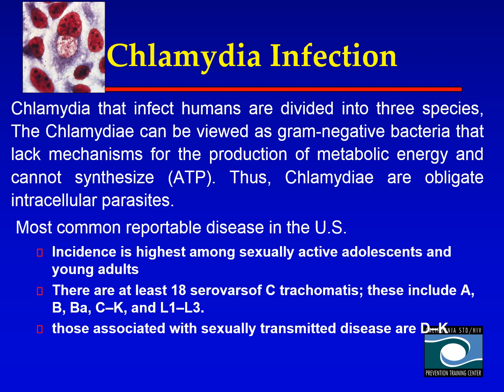Out of these 19 immunotypes, the ones responsible for causing genital tract infections are types D through K. They are responsible for what is called non-gonococcal urethritis, which is characterized by urethral discharge.